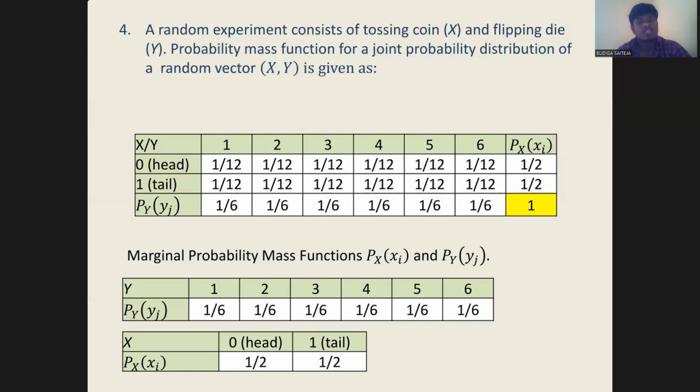Here is the calculated value of the marginal probability mass function, which we can see through the bar graph.